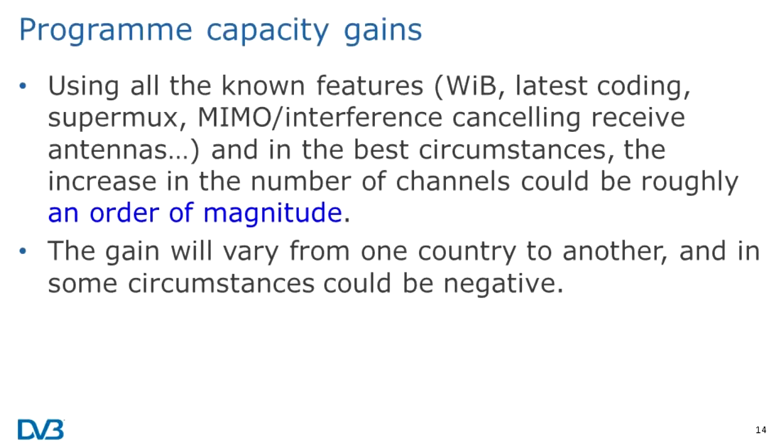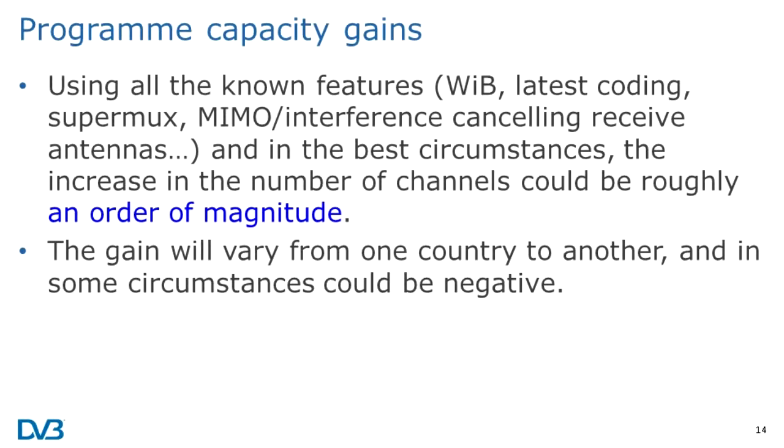So what would we win if we did all this? Well, if we used all the known features, all the stuff that I've been talking about, so that's WiB, the latest coding, using a supermux, using MIMO and interference-cancelling receive antennas, then in the best circumstances, the increase in the number of channels could roughly be an order of magnitude. Now that's quite substantial. Again, we need to be very cautious about the figures.